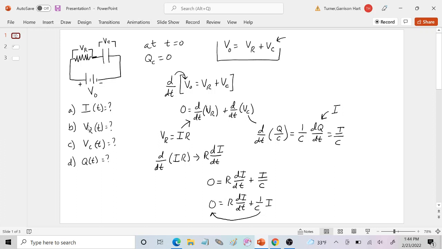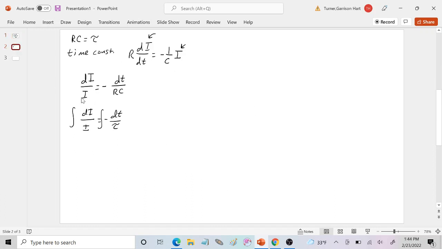And so as a result, the initial current at time equals 0 is just going to be V naught over R at t equals 0. So this is our initial condition.